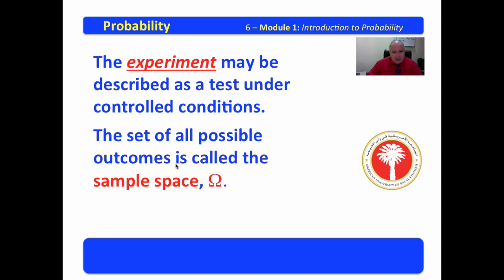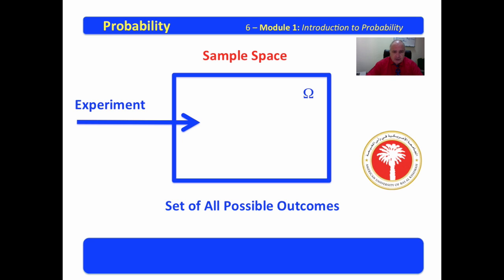Now, as we've seen in previous videos, it's easier to represent this with a Venn diagram. We have here a Venn diagram of a sample space. This is the universe, the set of all items in the sample space. So the sample space is the set of all possible outcomes.